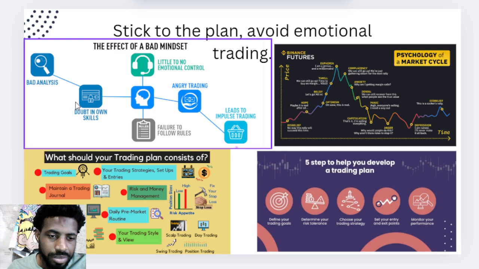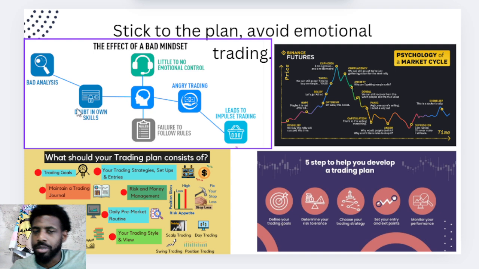So yeah, bad analysis. Looking at the 1 hour time frame for the trend, to see if it's going to hit a support or resistance. Then looking at the 15 minute time frame, or whatever you like to use, you see what pattern you're trading. And not only that, doubting your own skills.